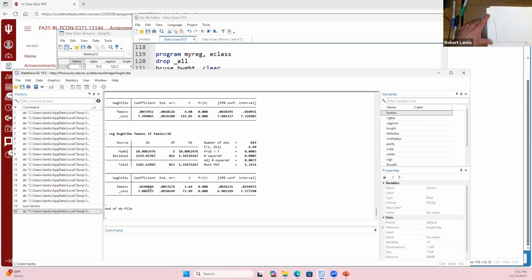when I'm looking at family income and trying to predict, I think this was birth weight, maybe the scatter plot looks something like this. So if I estimate this as a linear relationship, it's not really appropriate, but if I'm then missing all the low family income values, what will my new estimate look like?